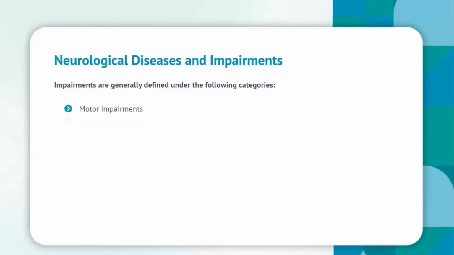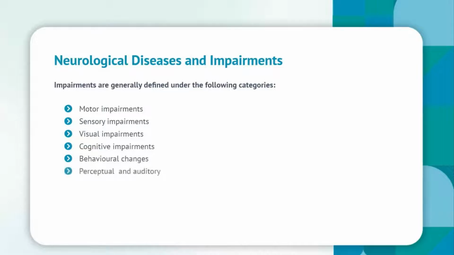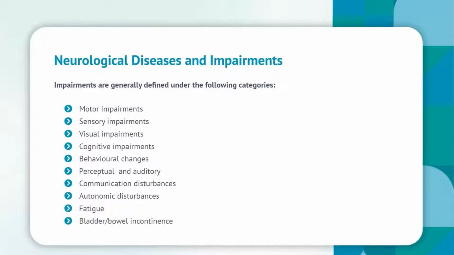Impairments are generally defined under the following categories: motor impairments, sensory impairments, visual impairments, cognitive impairments, behavioral changes, perceptual and auditory, communication disturbances, autonomic disturbances, fatigue, bladder or bowel incontinence.